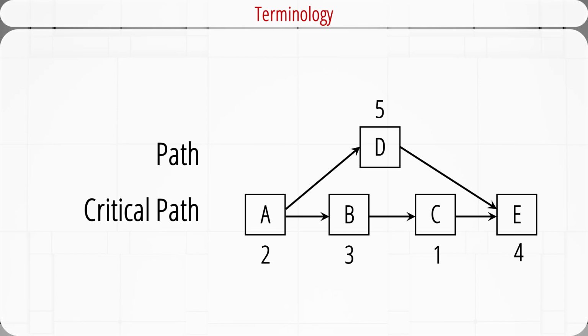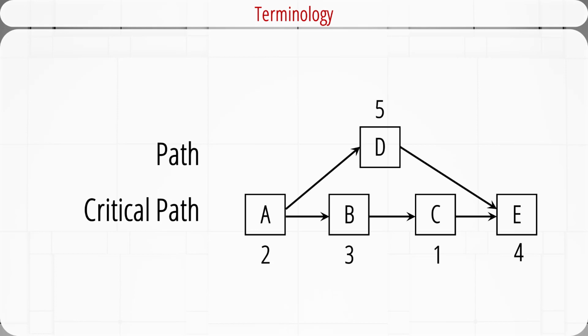In this diagram, the numbers above or below the activities are their durations. Activity A takes 2 days to complete, B takes 3 days, and so on. We have 2 paths from the beginning node A to the end node E, ABCE and ADE. The total length of ABCE is 2 plus 3 plus 1 plus 4.